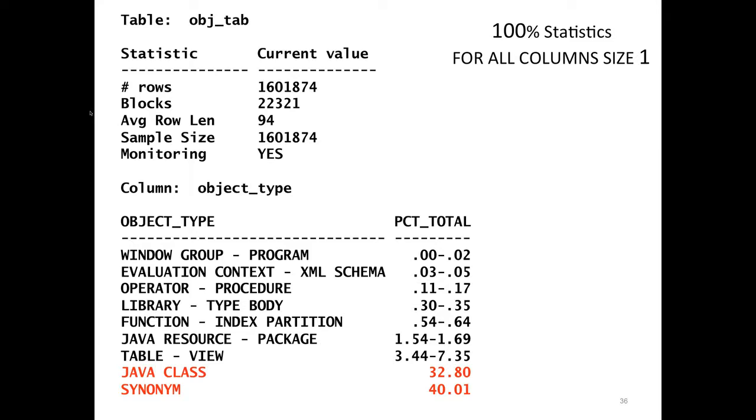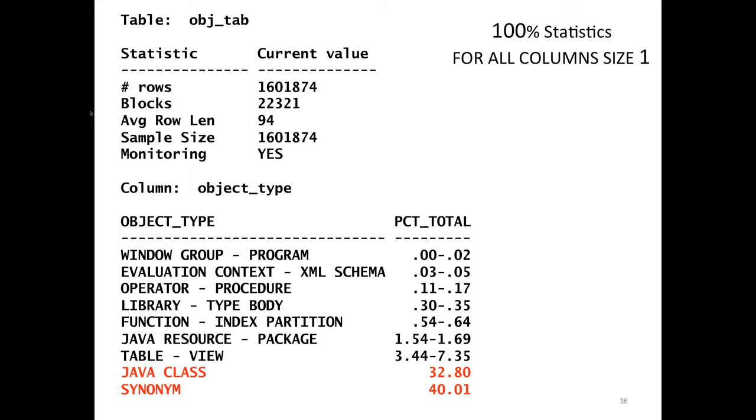So 40% of the rows have an object type of synonym, 32% have an object type of Java class, and all the other object types account for only a very small percentage of the rows. So what would that tell me I might desire to happen if I query this table?